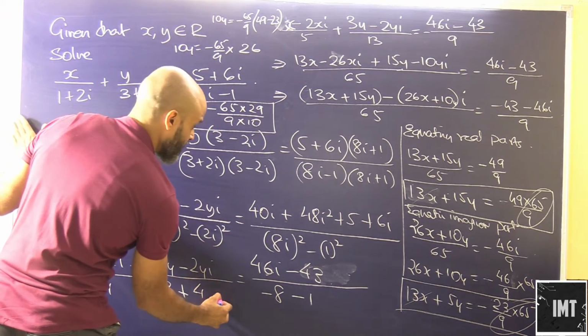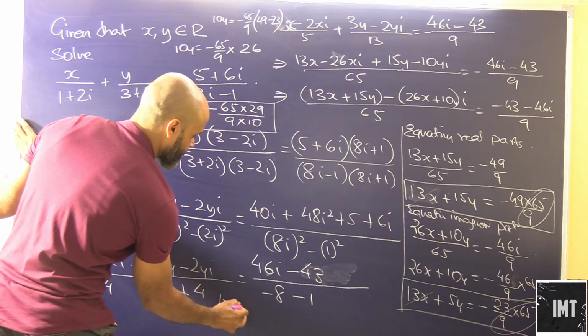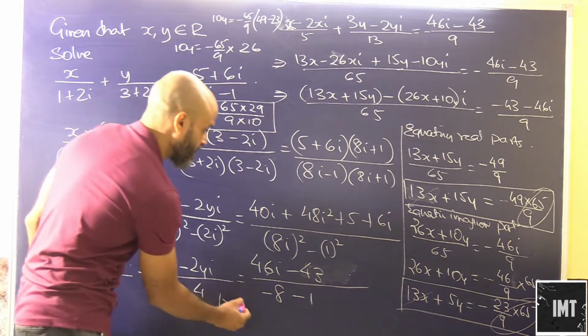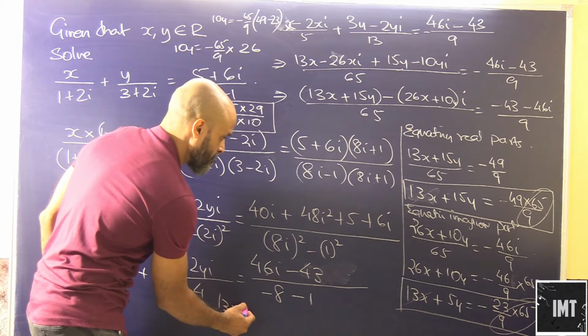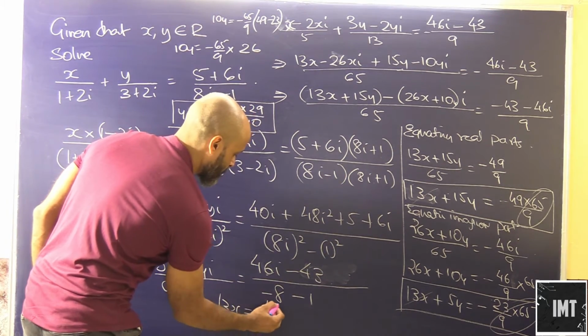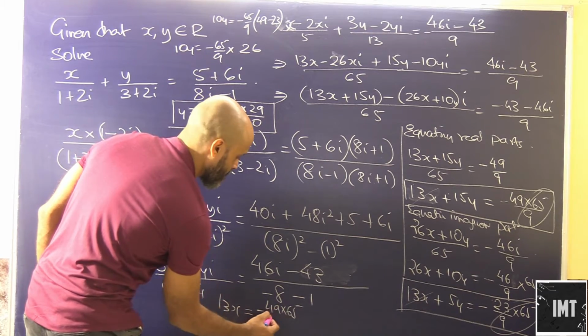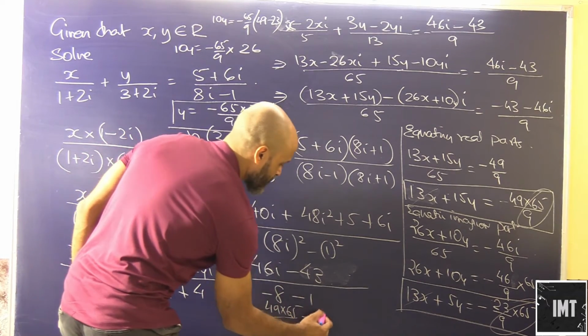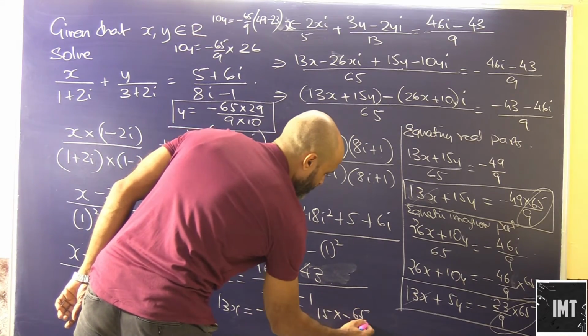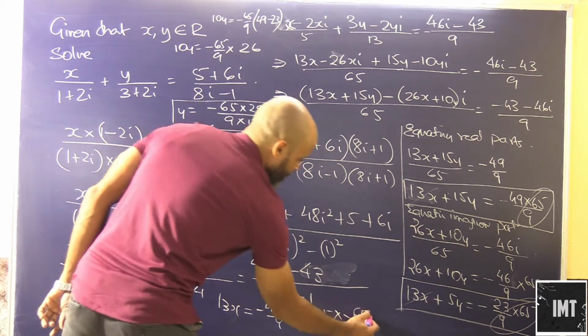How much will x be? 13x is equal to, putting the value here, minus 49 into 65 by 9 minus 15 into y. 15 into y means minus 65 by 9 into 26.